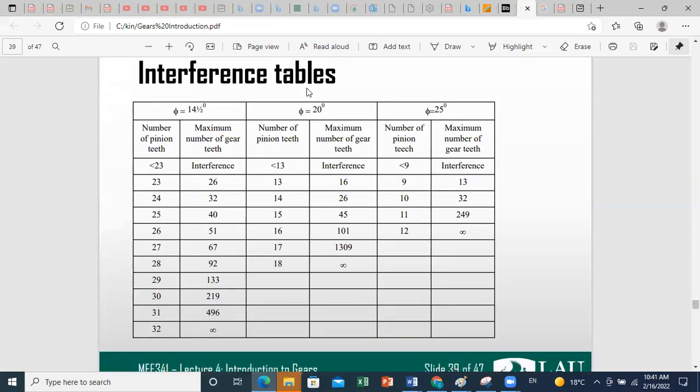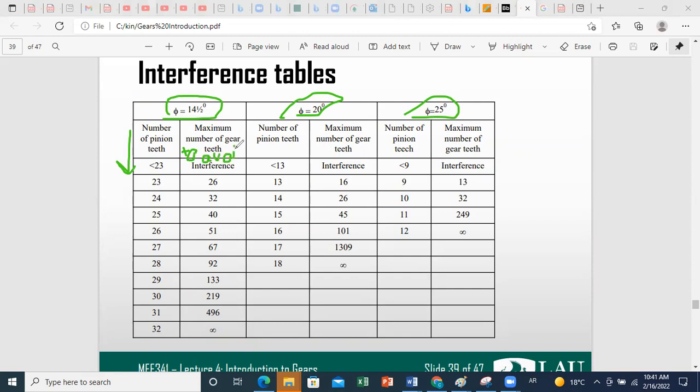Okay, so for example, here you have different pressure angles. For different values of your pressure angles, you can read for a certain number of pinion teeth, what is the maximum number of teeth to avoid interference.